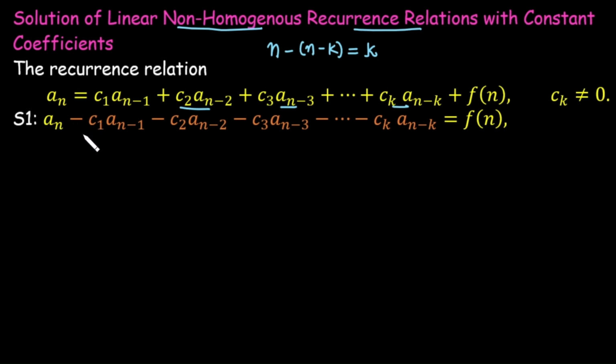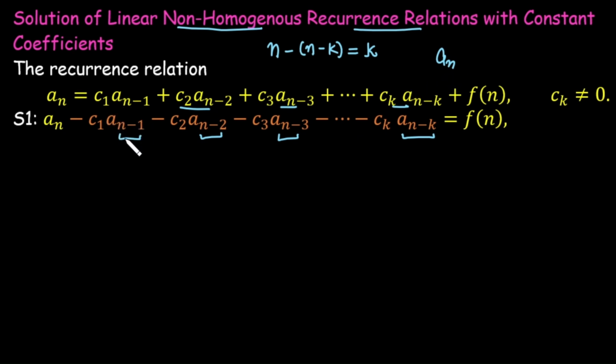In the next step, we need to remove the negative index if it contains, like negative index as n minus 1, n minus 2, n minus 3, n minus k. Basically, our requirement is that the minimum index in this recurrence relation should be an. For that, we will use the concept of shift operator. How?